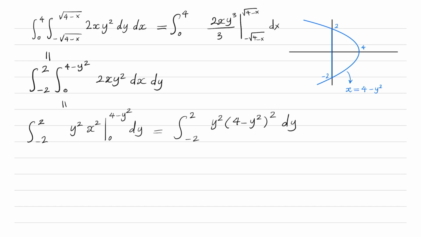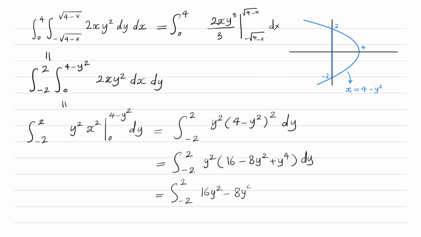It's a simple polynomial. We get the integral from minus 2 to 2 y squared times 4 squared, which is 16, minus 2 times 4, 8y squared plus y to the 4th dy, which is the integral from minus 2 to 2, 16y squared minus 8y to the 4th plus y to the 6th dy gives us 16y cubed over 3 minus 8y to the 5 over 5 plus y to the 7 over 7 from -2 to 2.